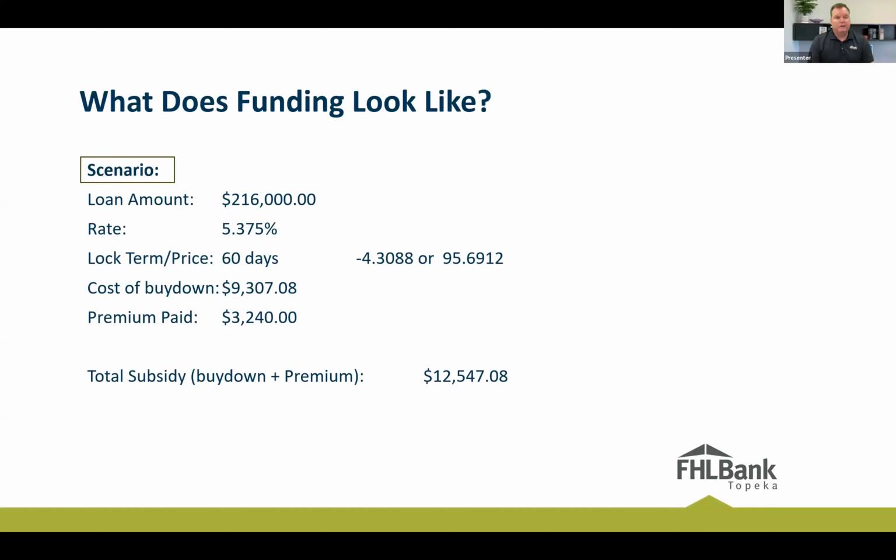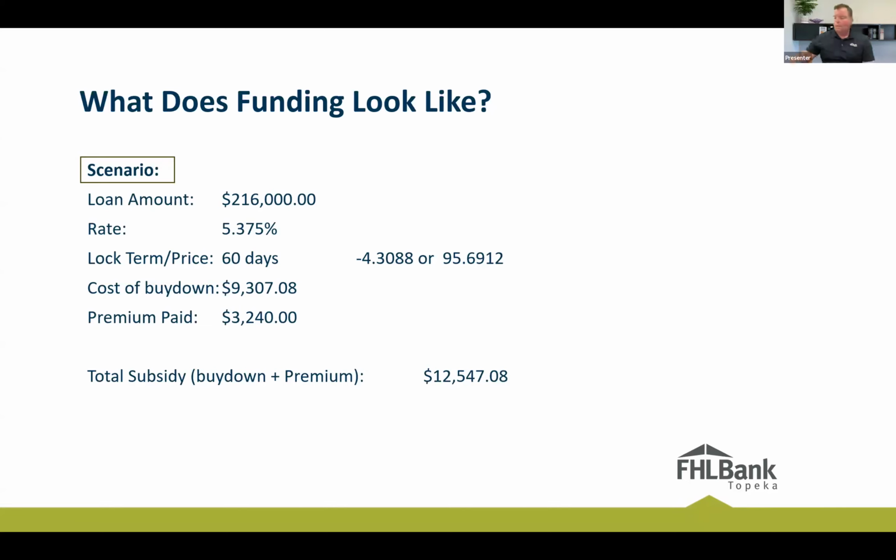The cost of the buy down, when you utilize that math at the 4.3 against the $216,000 loan, is the $9,307. The premium paid at the 1.5% of the 216,000 is the $3,240. The two together equate out to the $12,547.08.